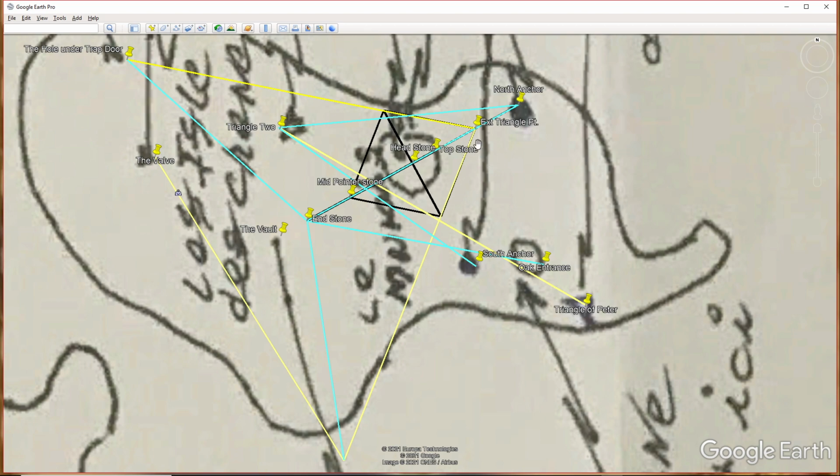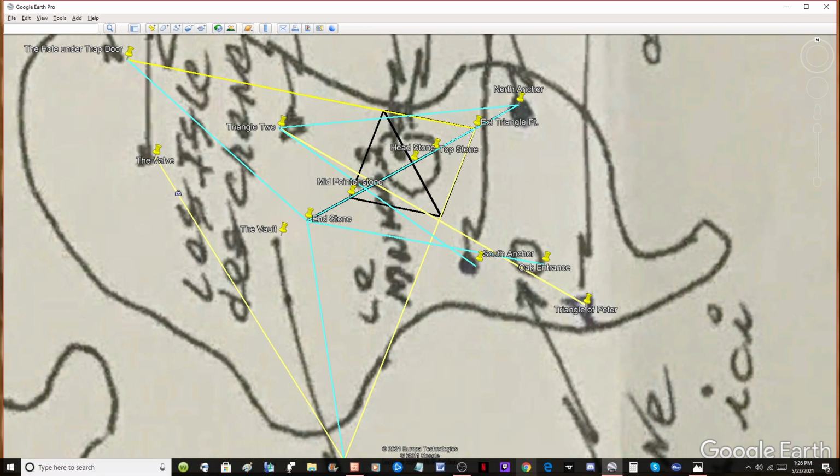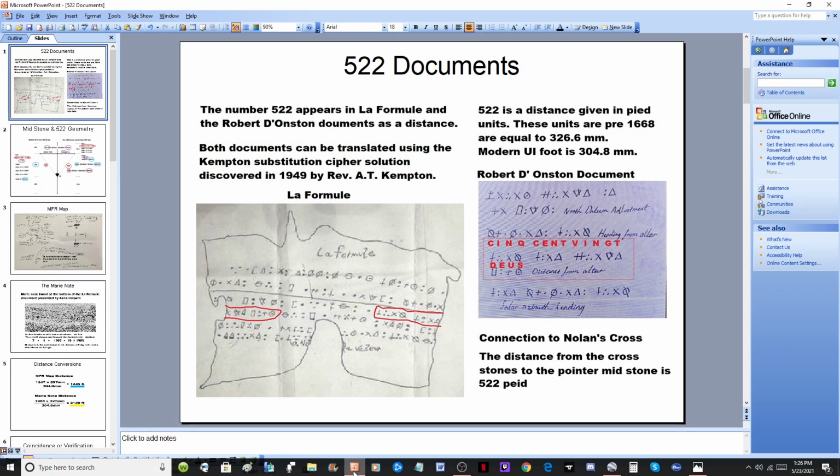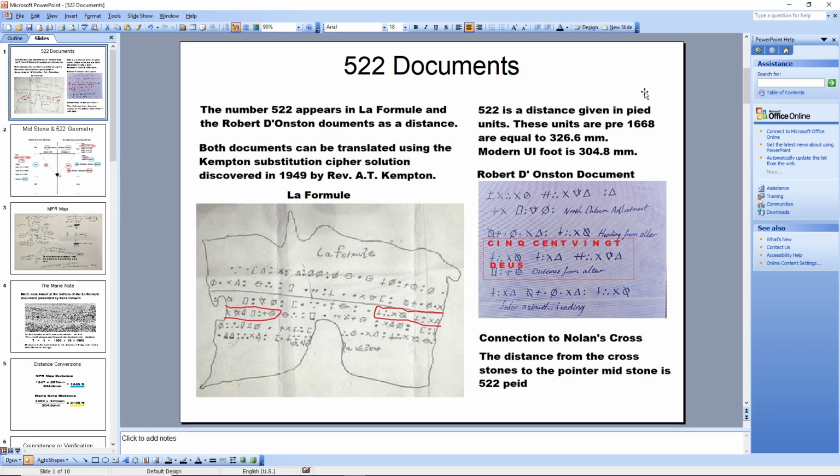I'm going to start and show you the geometry and facts, and I've done a little Excel slideshow. For those who don't know, 522 comes from these documents. It comes from La Formula, and it comes from the more recently known document, which is the Robert D. Austin document presented by Philip Stevenson.